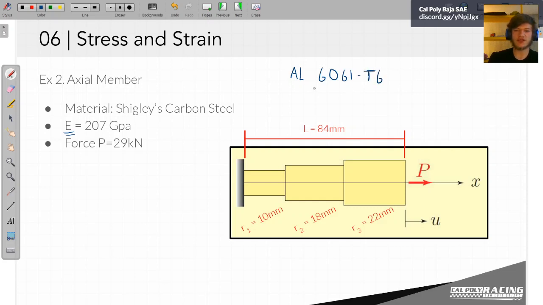This basically says it's the 6061 alloy, and it's been heat treated to this specification, and that has some strength. So it just has some material properties.